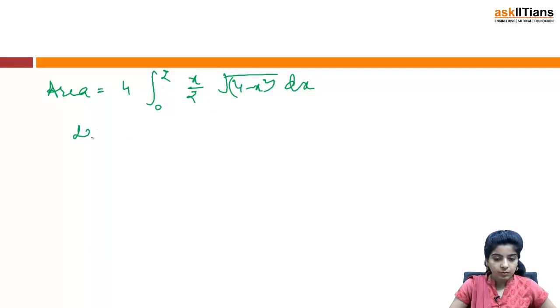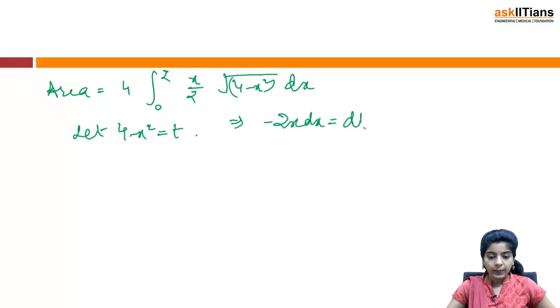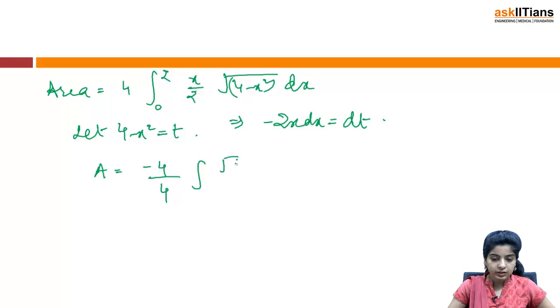How do you compute this integration? 4 minus x square can be assumed as t, so that you get minus 2x dx is dt. Therefore the area becomes 4 by 2, which can be taken outside, so we have 2, and x dx becomes dt, so we have under root t dt, and the limits also change, they become 4 to 0.